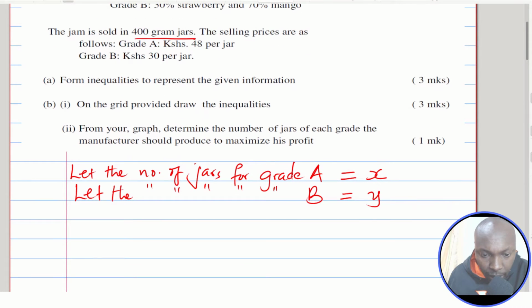So that means that one jar should contain 400 grams.